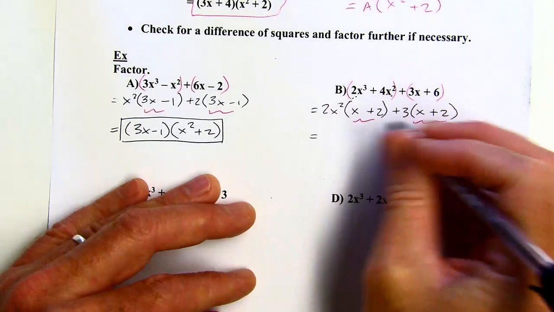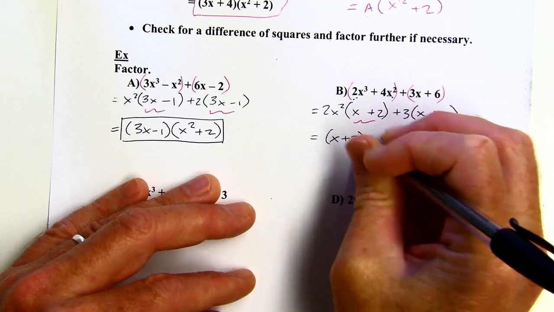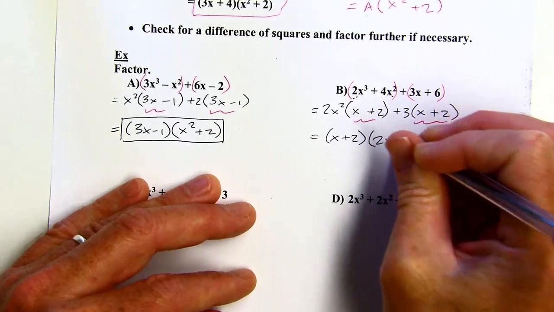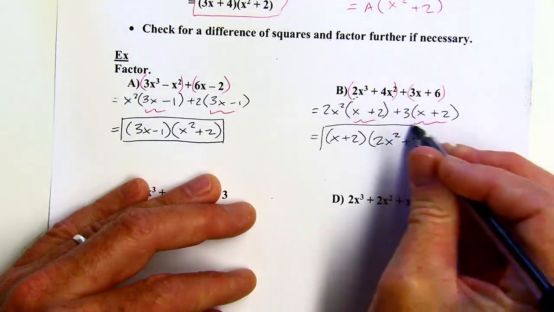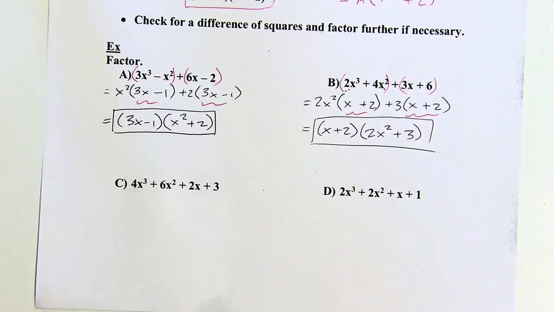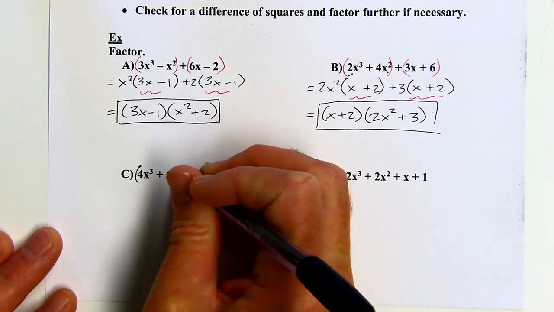So I'm going to make a parentheses for what they have in common, the x plus 2. And I make a parentheses for the leftovers. So really what I'm doing is factoring out the quantity x plus 2 out of the front and back. Okay, and then I want to double check my answer, make sure there's no more factoring, and there isn't there. Okay. All right, let's try another.